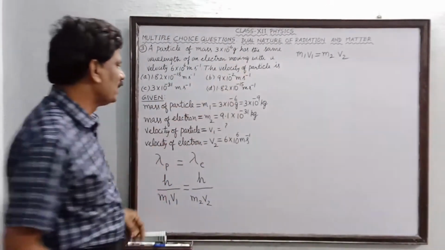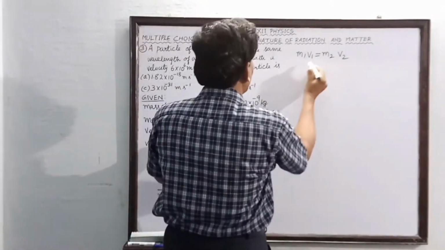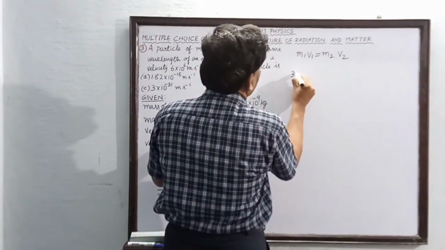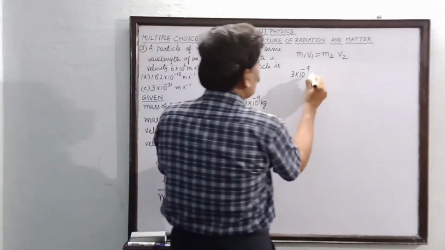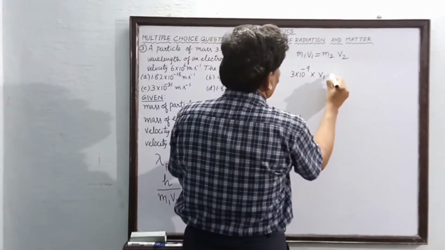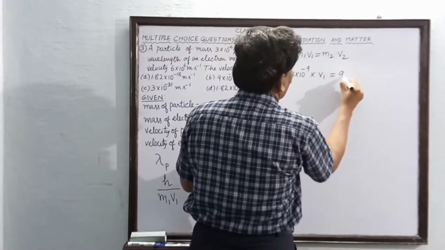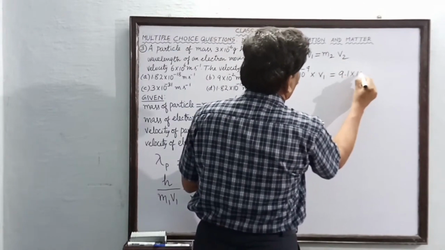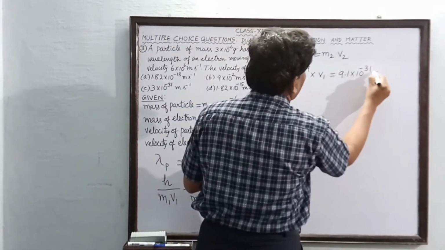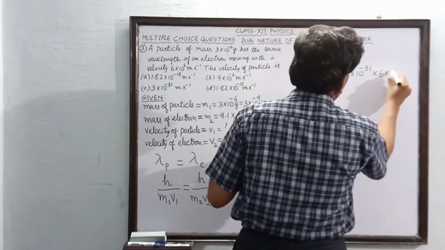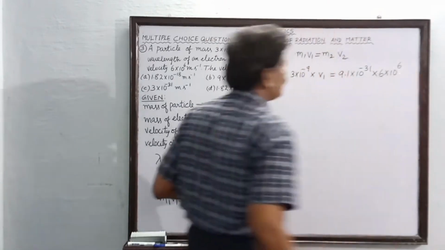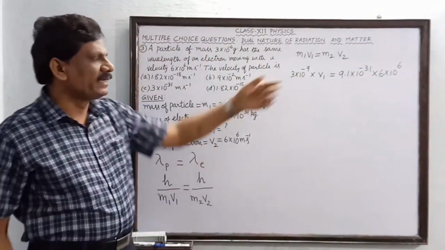Now only one unknown quantity is v1, that we have to find out. I am going to substitute on both sides. So instead of m1, it is 3 into 10 to the power of minus 9, into v1 we have to find out. So this is equal to m2, what is it? Mass of the electron is 9.1 into 10 power minus 31 into velocity of the electron is given as 6 into 10 to the power of 6. Easily cancelling numbers now.